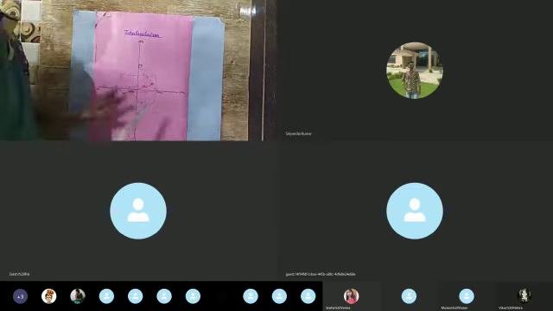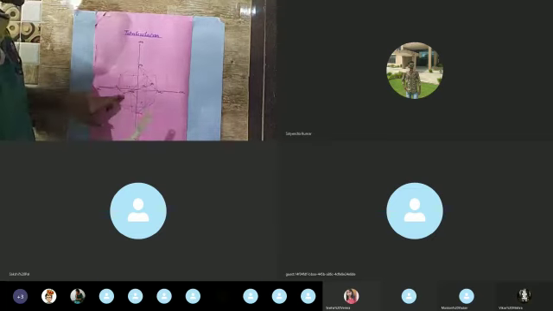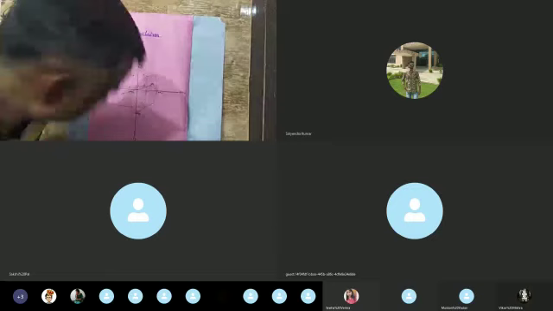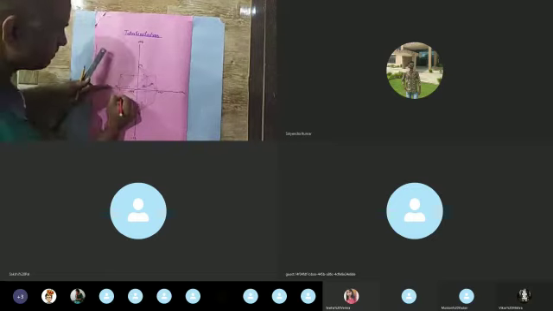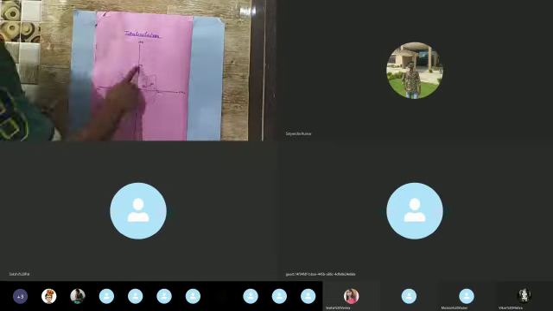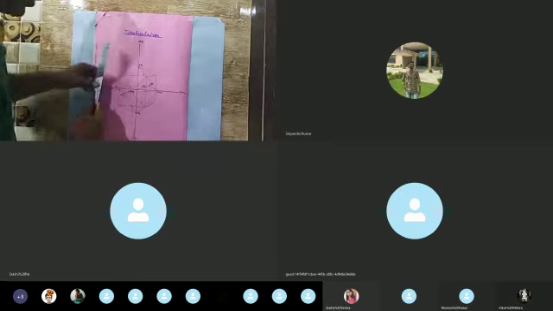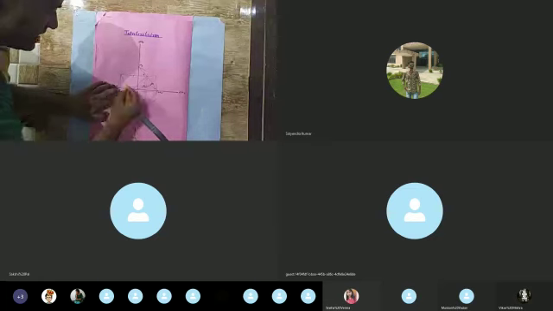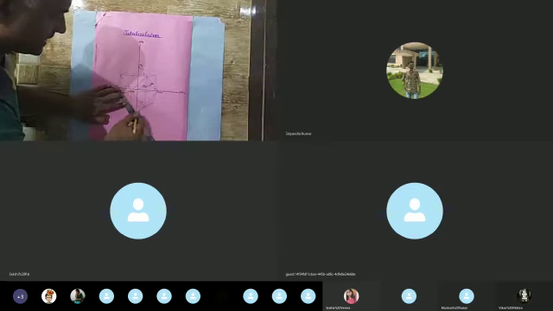Now join plus twice A1. This is plus twice A1. Join plus twice A1 with half of A2 or A3 axis. So half A2 axis is this one, and this is A3 axis.